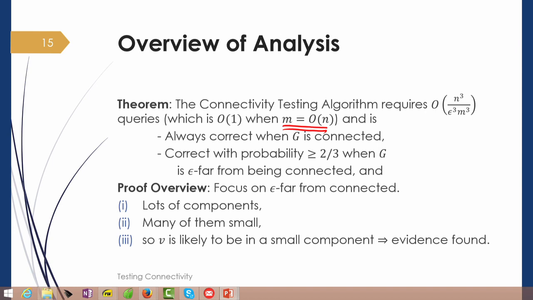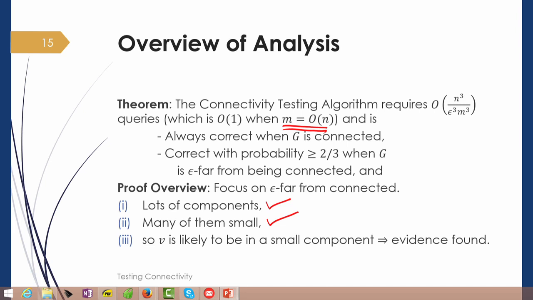This is the theorem that we are going to prove, and the overview of the proof is as follows. It's quite obvious this algorithm is always going to be correct when the graph is connected, simply because it cannot find any evidence of being disconnected. So our focus is going to be on graphs that are epsilon far from being connected. The sequence of steps in this proof is as follows. First, we will prove that there are lots of components in the graph G if it's epsilon far from being connected. Then we will show that many of those components are actually small, and we'll define small quite precisely.